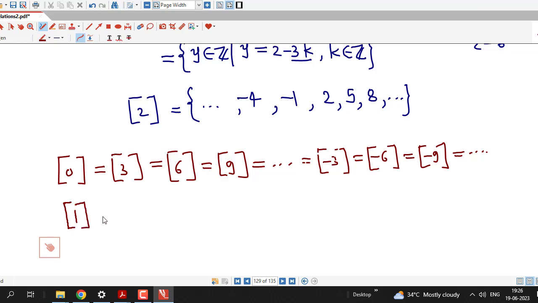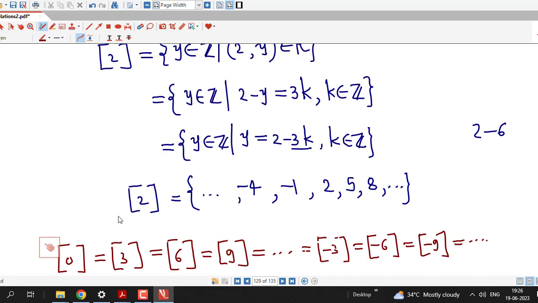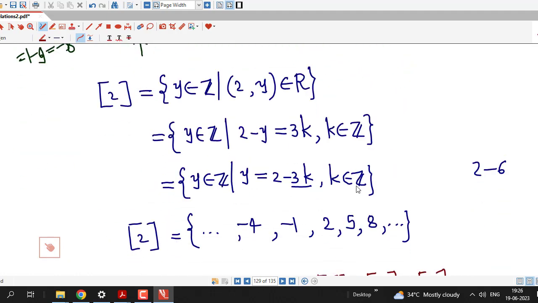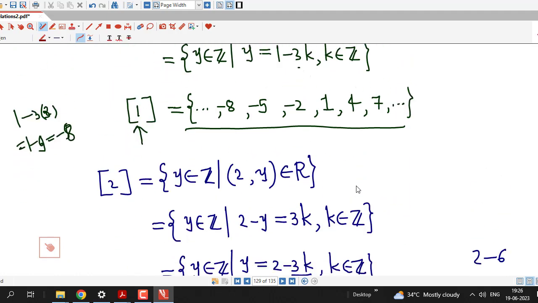Similarly, the equivalence class generated by 1 and the equivalence classes generated by 4, 7 are the same. So here I have to write the equivalence class generated by 1 equal to the equivalence class generated by 4, 7.